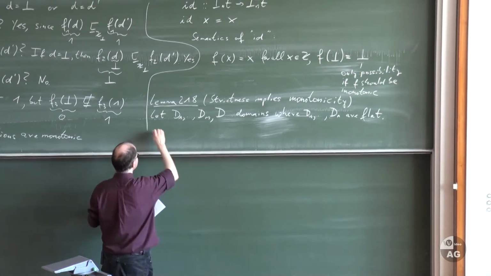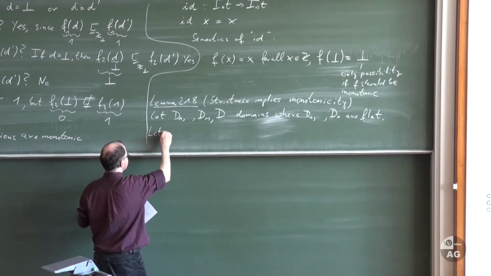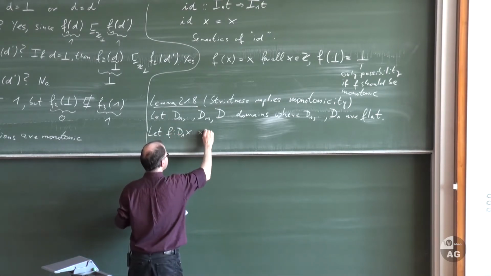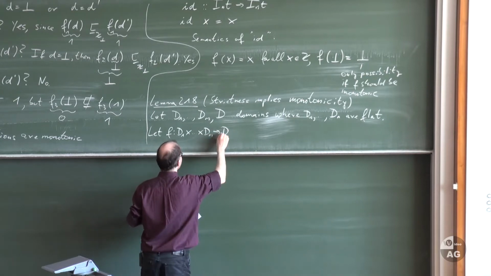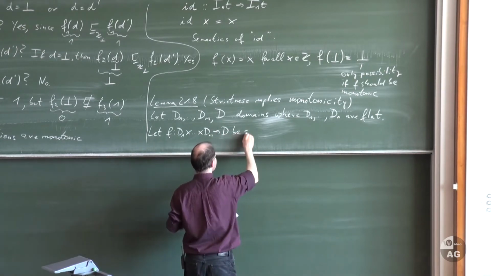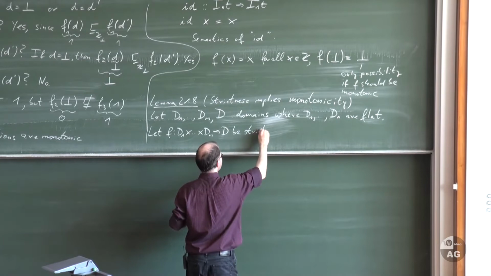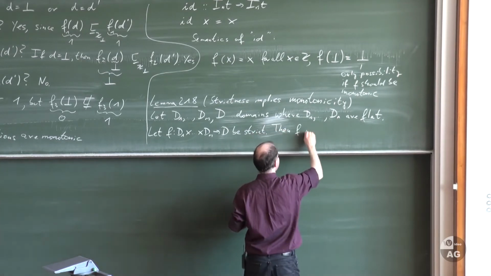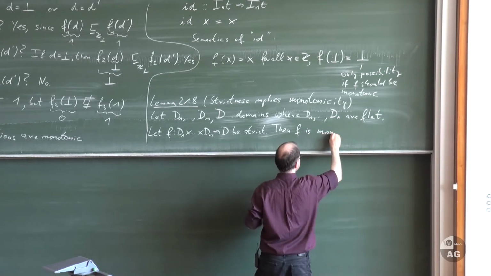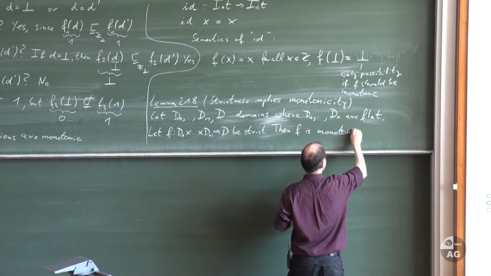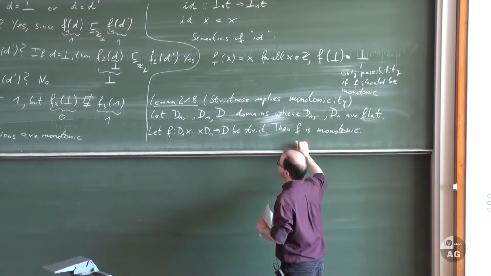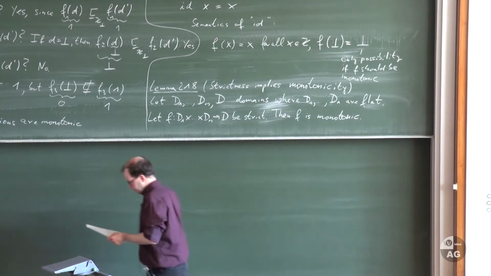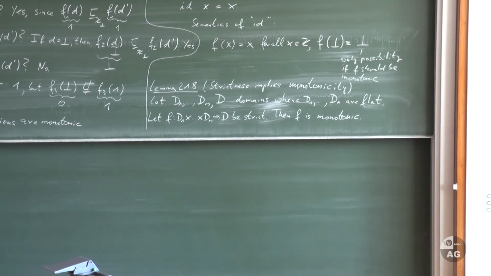And now we have a strict function here. So let f be a function from d1 to dn to D, which is strict. Then f is also monotonic. So how could one prove this?